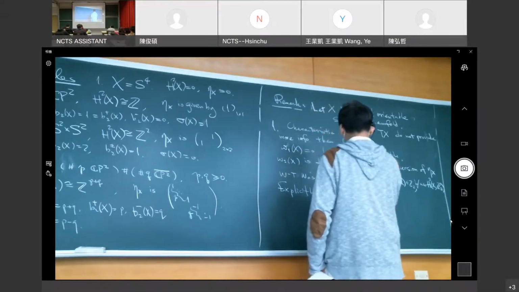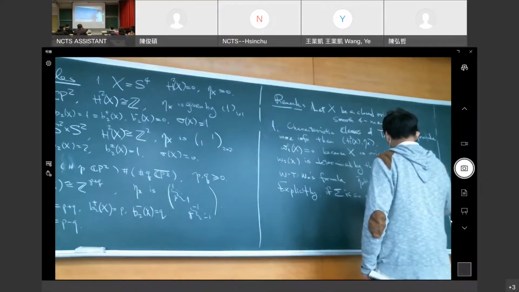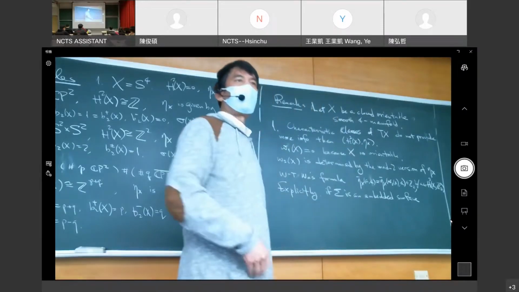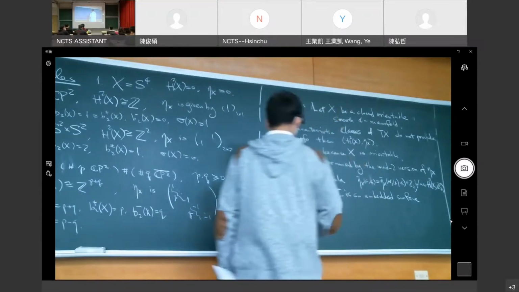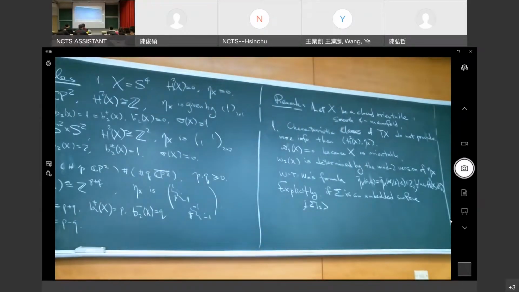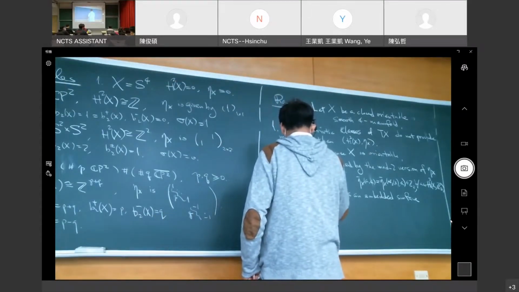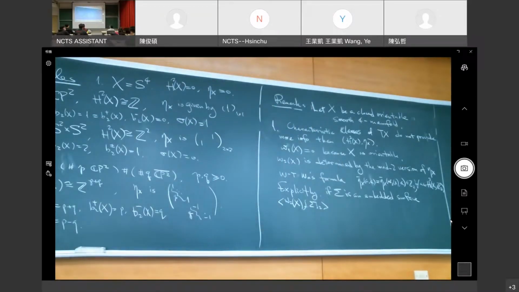So if sigma is an embedded surface, then this actually provides information about the second homology. So if you take the mod 2 fundamental class of sigma, and then you pair that with the second Stiefel-Whitney class, if you can compute it explicitly by classical information in topology, then it means it doesn't give new information.